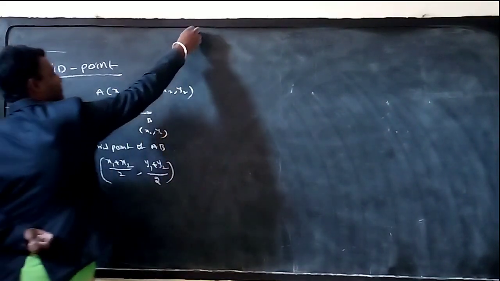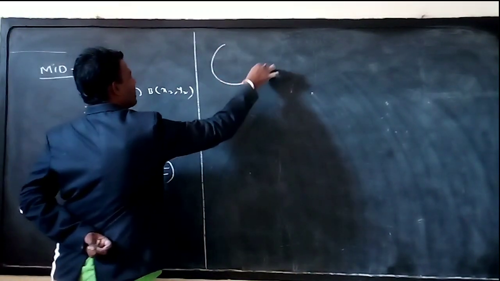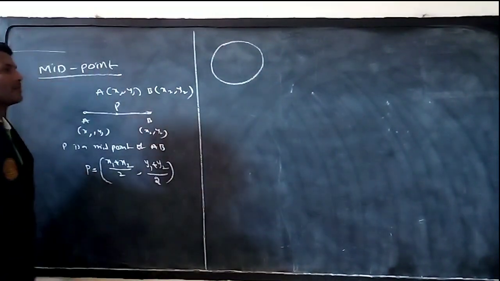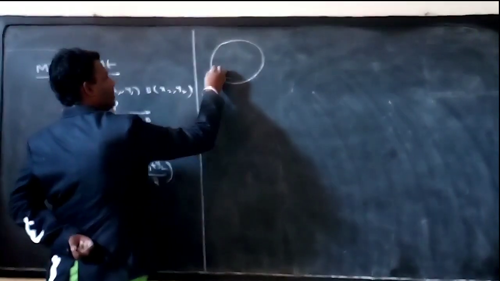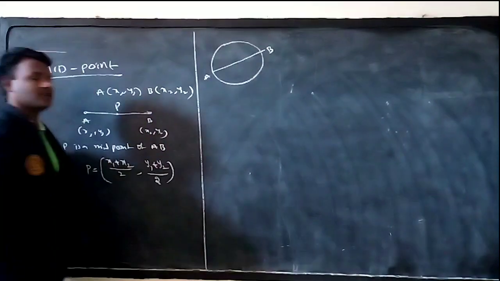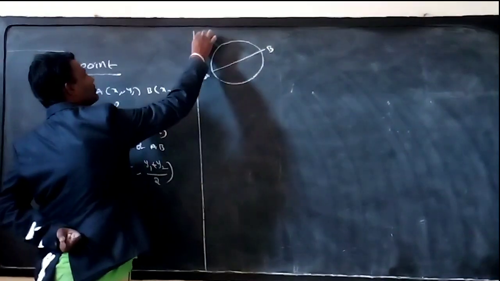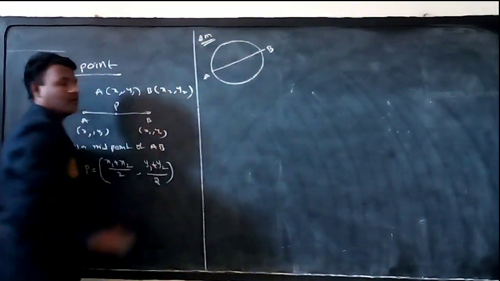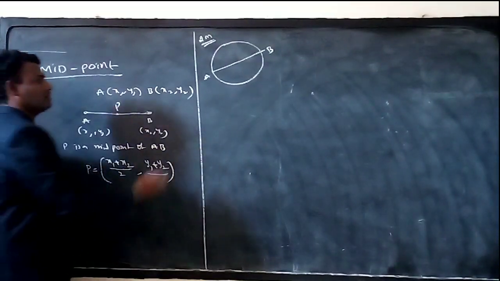For example, in a circle, AB is the diameter. This is very important, 2 marks more. AB is a diameter.